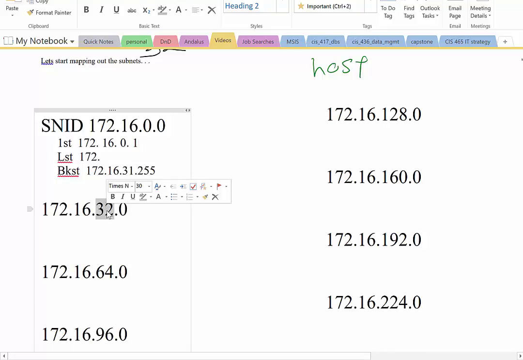So you borrow 1 from the third octet and then make this 255 and 1 less than that. So 31.255. Now to find the last usable, you just subtract 1 from the broadcast, which is 31.254. And if I just align this up, it'll look really nice, and then you'll be able to see how this plays out.